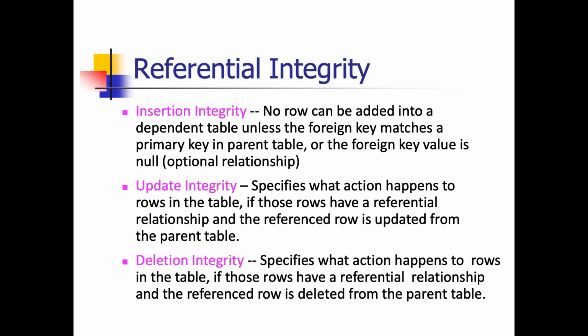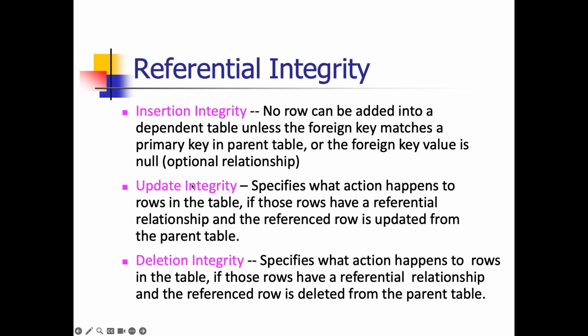We use foreign keys to link tables together, so they represent the relationship between two tables, and they are also the columns that are common in both tables they are connecting. Now, insertion integrity means no row can be added into a dependent table unless the foreign key matches a primary key in the parent table or the foreign key value is null. I'm going to show you with an example.